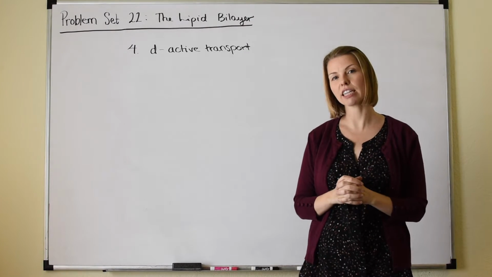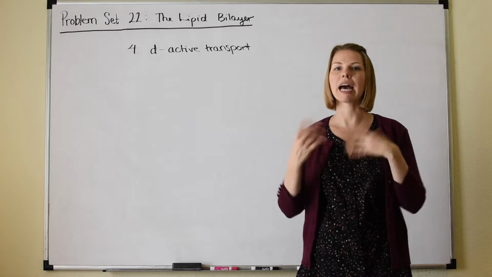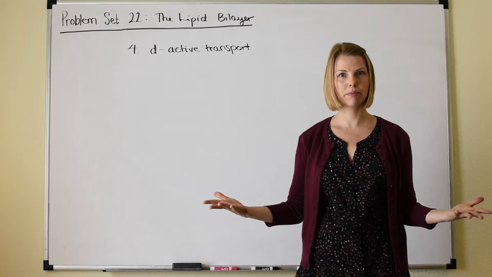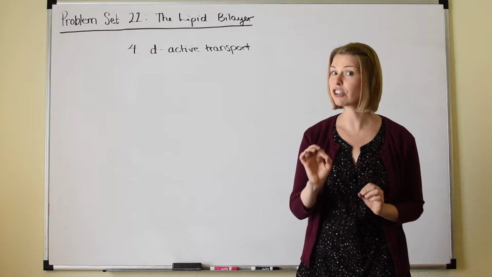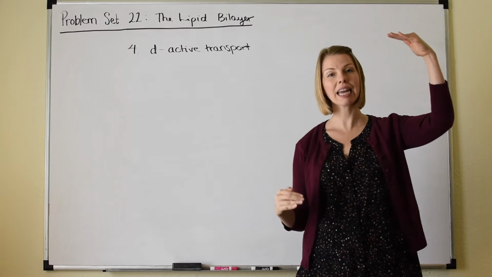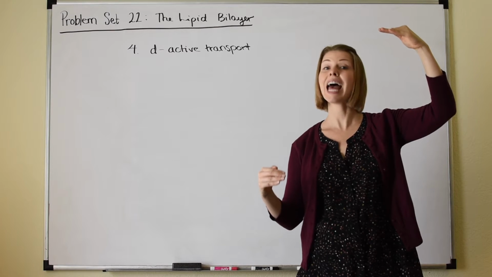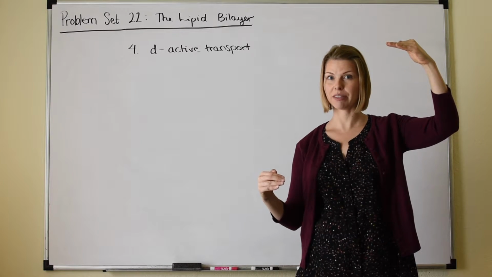Okay, so that does not take energy. That relies on particles' natural tendency to spread out. Active transport takes energy because active transport is maintaining different concentrations across the cell membrane, and that takes energy.